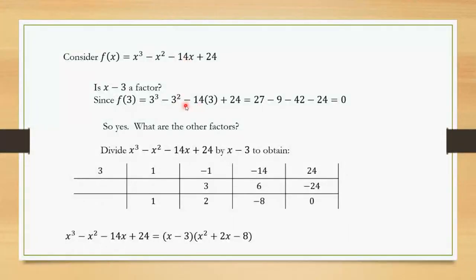So this is if and only if f of 3 happens to be 0. If I plug in 3 for x, I get 0. So right away we know that x minus 3 is a factor of this.